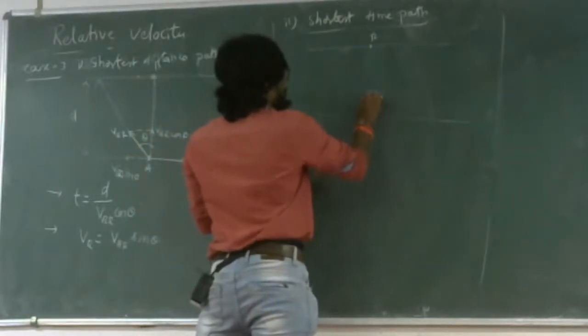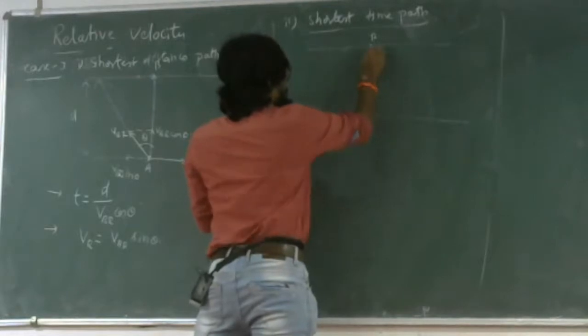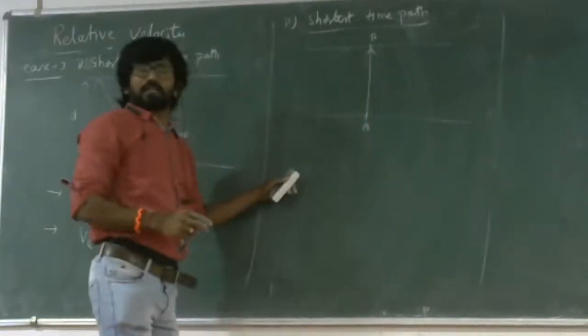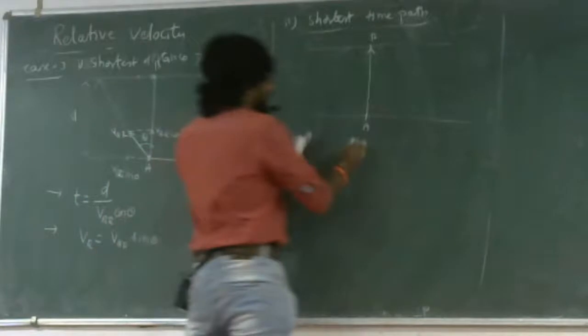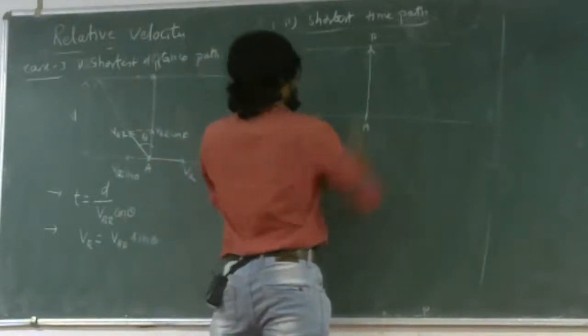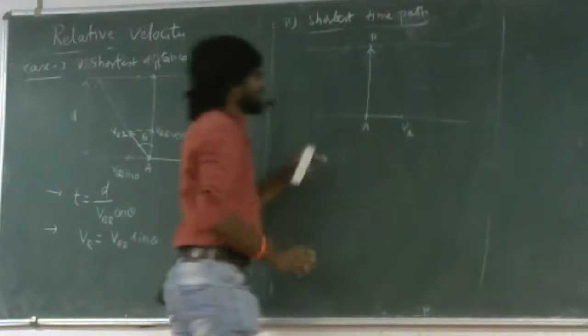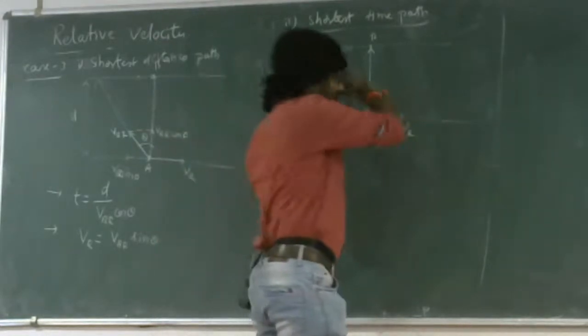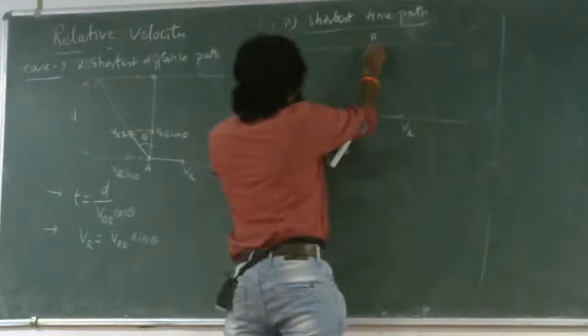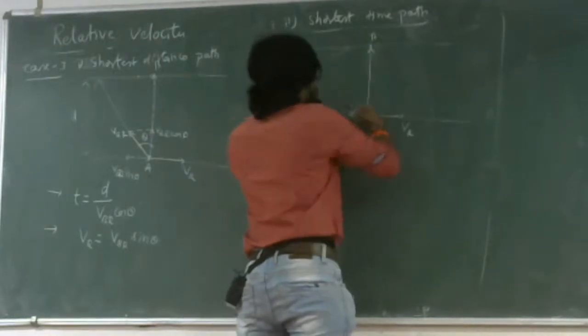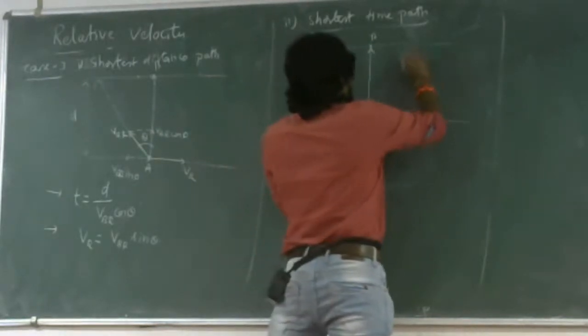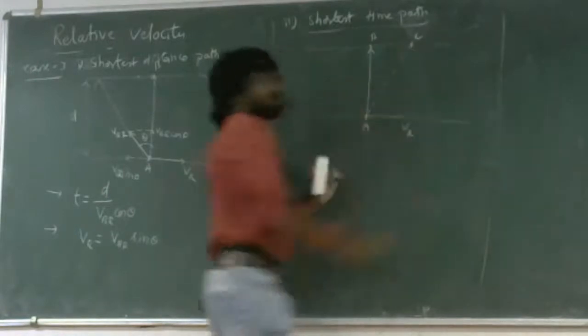If he starts the motion in the perpendicular direction, the boat has to start the motion perpendicular to the river flow. As the river is flowing in this direction, it will drag him, so he will not reach the other bank directly here. The river is pulling in this direction, so he will land somewhere here at some point C.